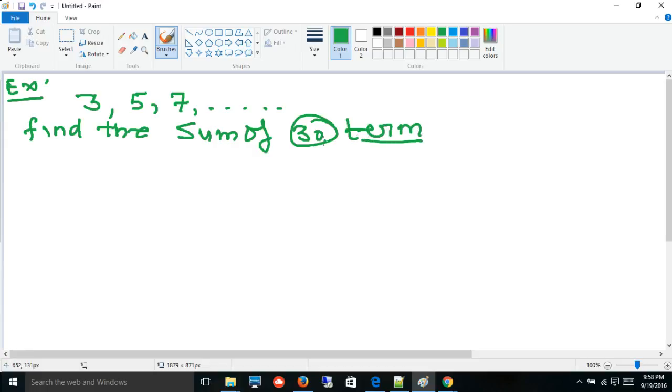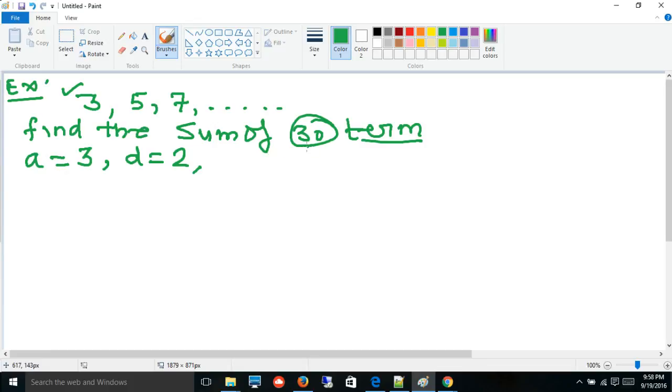Okay, so as I already explained to you, first of all you have to read the question and figure out what is given in the question and what it is asking. As per the question, the AP series is given. If the AP series is given, then we can calculate the value of A, that is the first term, and the value of D, that will be 5 minus 3, 2.